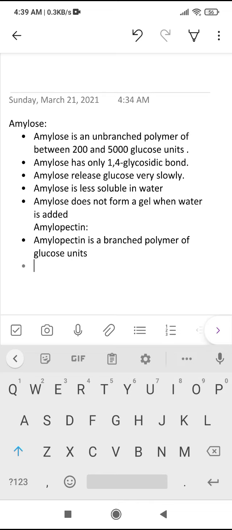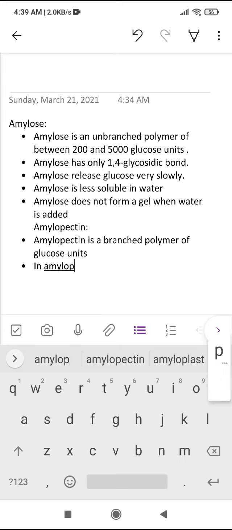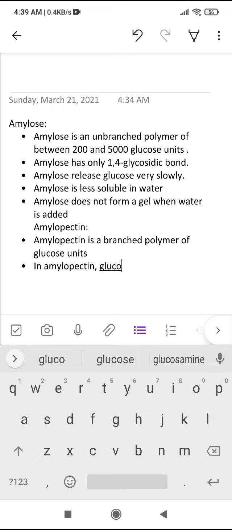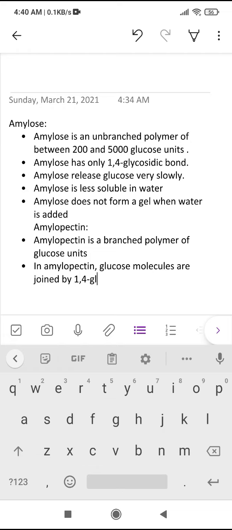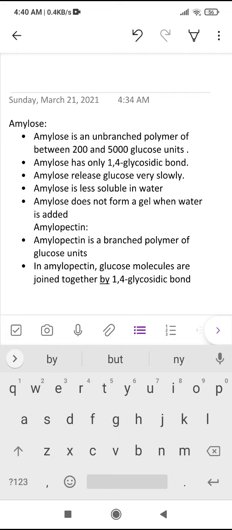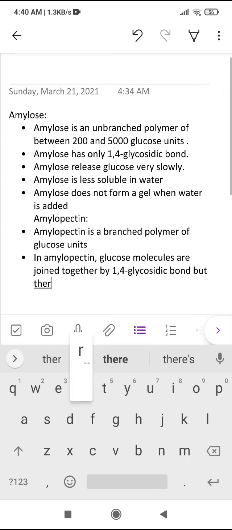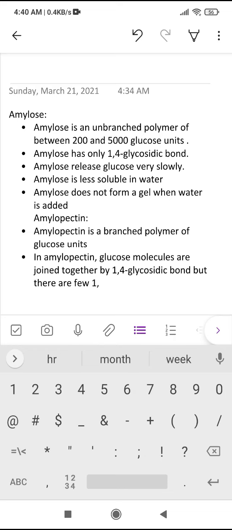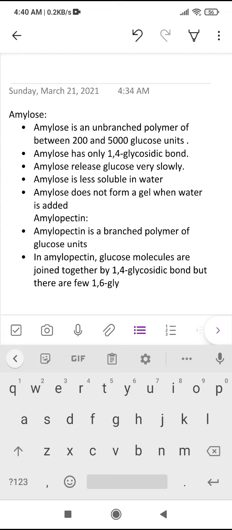Number two, in amylopectin, glucose molecules are joined together by 1,4 glycosidic bond, but there are few 1,6 glycosidic bonds.